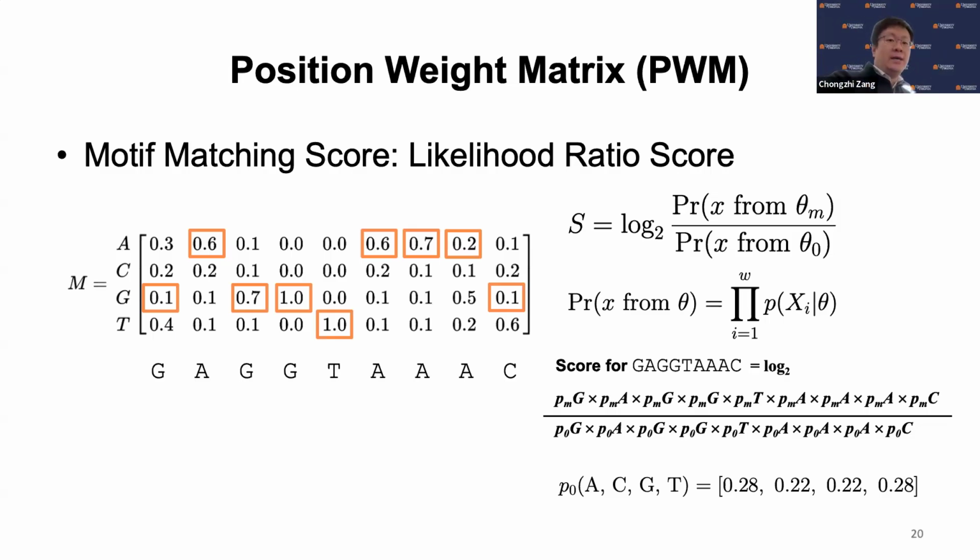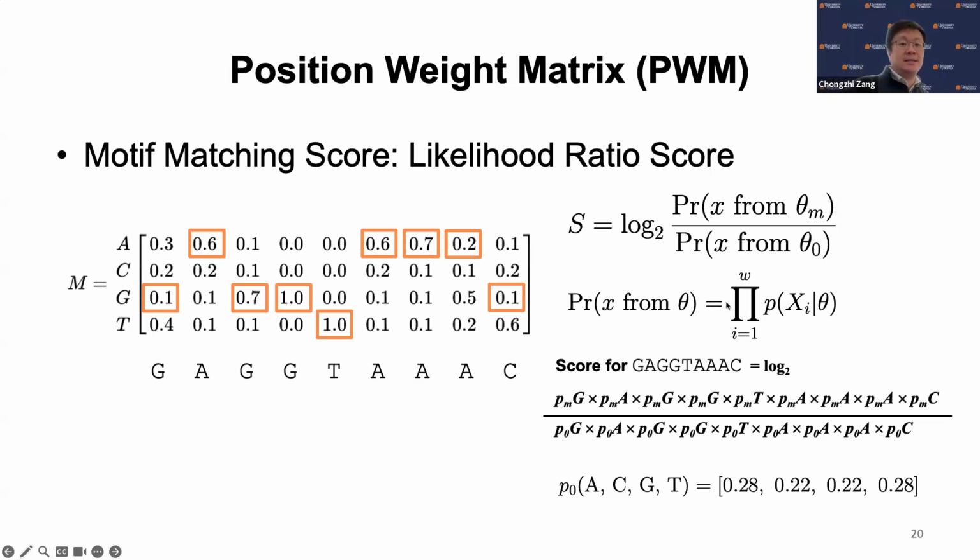One way to quantify how well the actual sequence matches a motif is to calculate a metric called the motif matching score, which is essentially a likelihood ratio score.